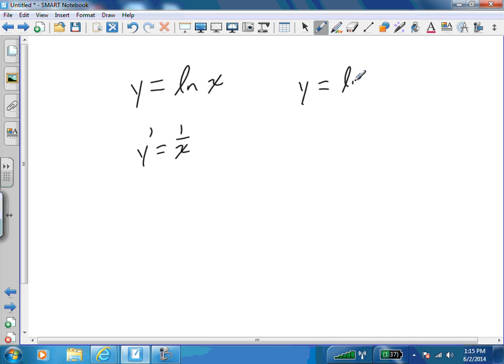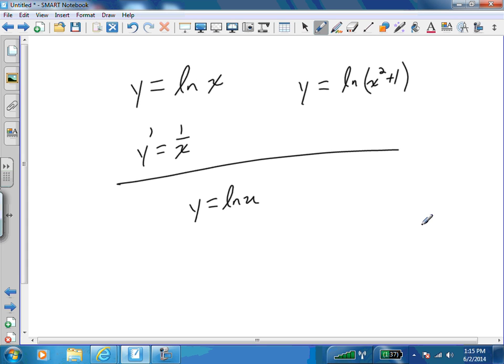Sometimes we have natural log of x squared plus 1, or natural log of something more complicated. So, in general, if we have natural log u, we want to take the derivative of that. The derivative is u prime over u.